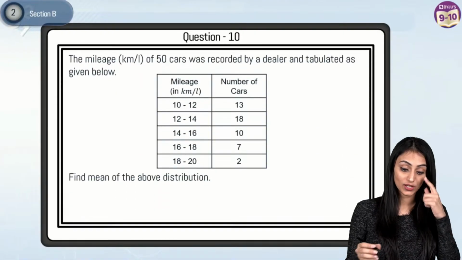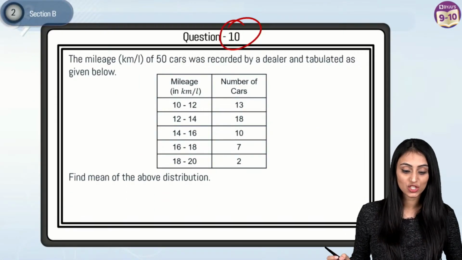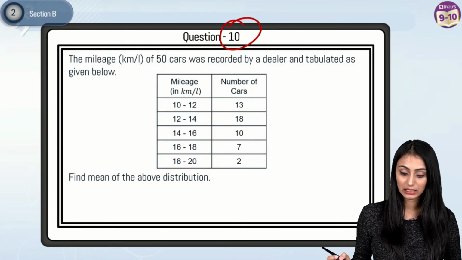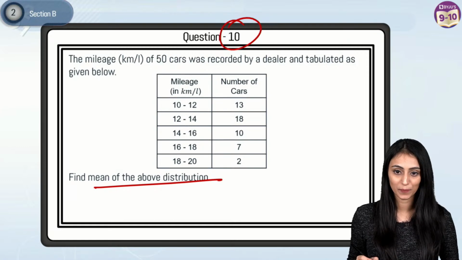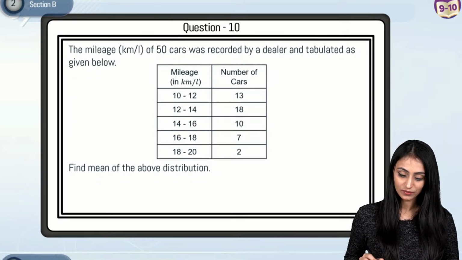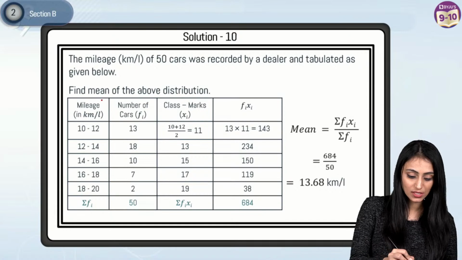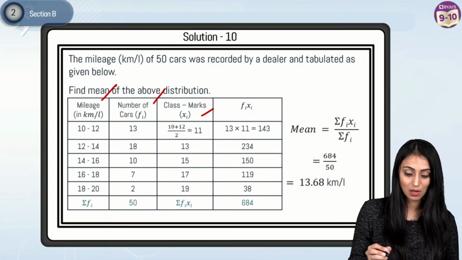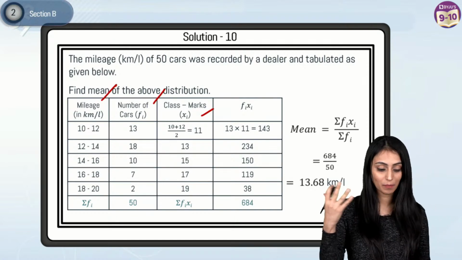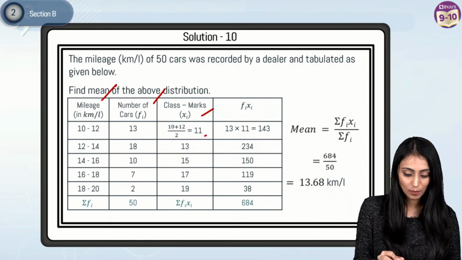Let's quickly take a look at question number 10. The mileage in kilometer per hour of 50 cars was recorded by a dealer and tabulated as given below. Find the mean of the above distribution. Yes. So here what we will do is, mileage is given, the class intervals over there, and we have the number of cars, that's fi. We need class marks, that's xi, lower limit plus upper limit by 2. So that's going to be 10 plus 12 by 2, which is 11.